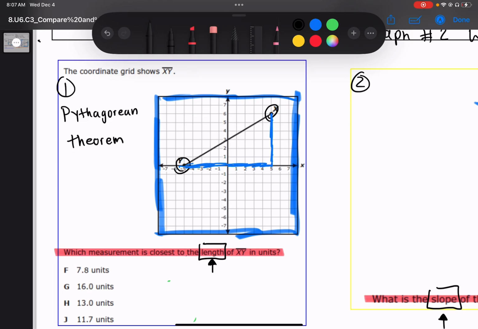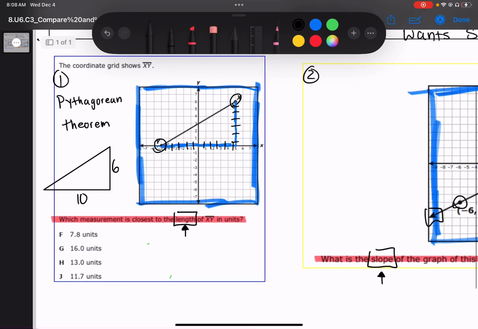Like I said yesterday, to make your life easy, we need to take that triangle out of here. I don't like that one. We need to take it out so that we could draw. Now let's count. 1, 2, 3, 4, 5, 6, 7, 8, 9, 10. We have a 10. 1, 2, 3, 4, 5, 6. 6.